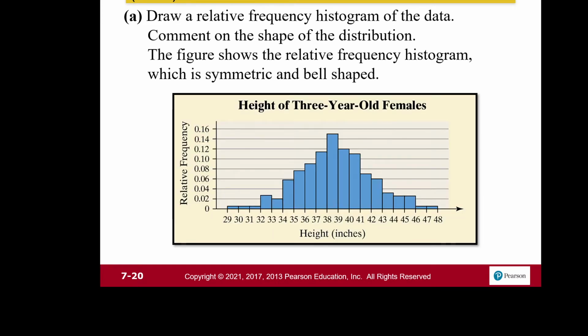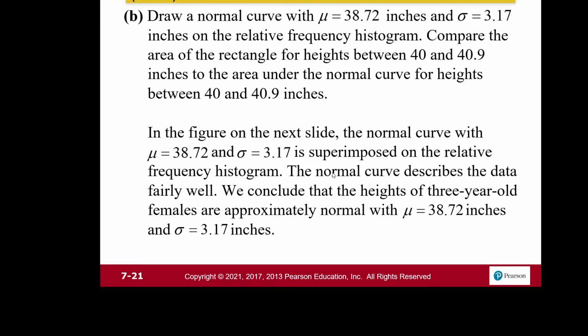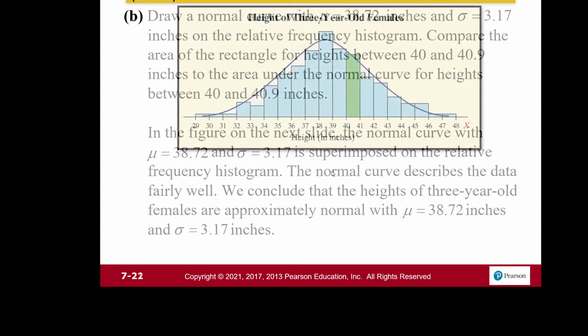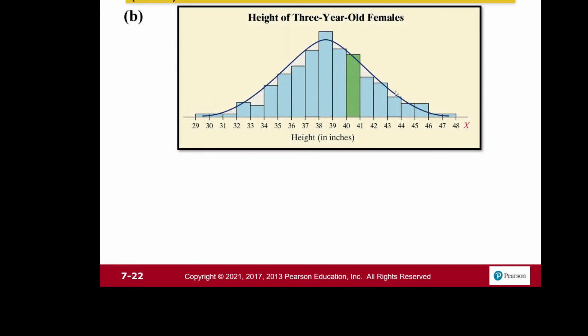Here it says draw a relative frequency histogram of the data and comment on the shape of the distribution. And clearly this is a normal bell-shaped distribution. Now if we superpose the shape of that, we're actually going to get that normal bell-shaped curve.